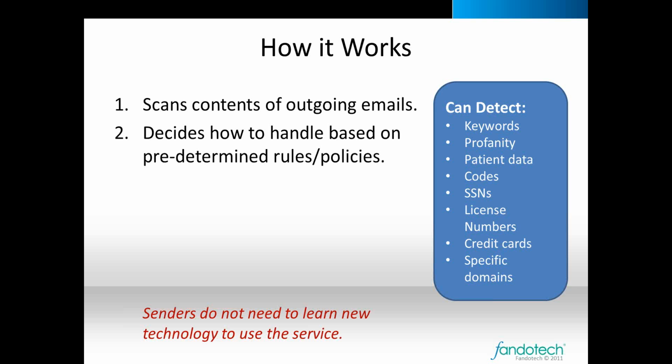So that's the whole idea about automation, is that you create a policy, and the policy then runs automatically. And as stated, it does that by scanning the content of the email. Once it scans that and decides that it's going to encrypt it, it does send a notification back saying that, yes, we have this message that is being encrypted.